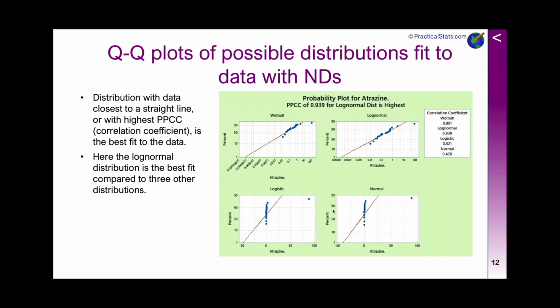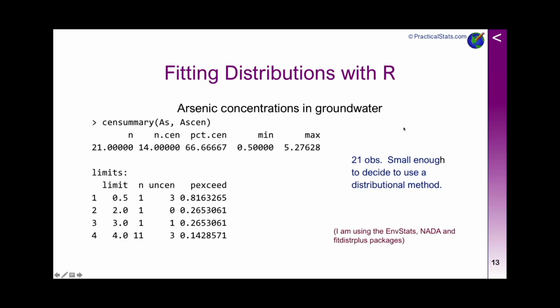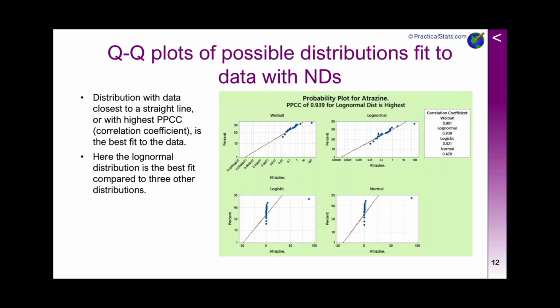So if you use the censored data or survival analysis methods in software, and again, this is from Minitab, you can do things like doing these QQ plots for different distributions and decide which ones fit the best. So here is the PPCC, and we can see that the normal distribution has a value of 0.47. The log normal had that 0.939.